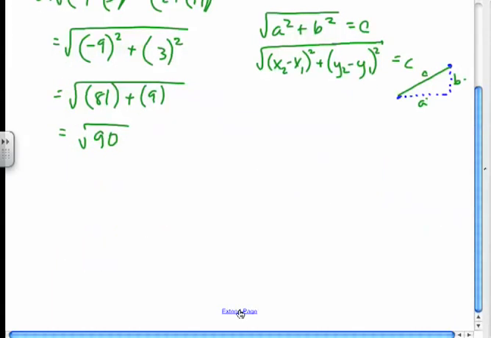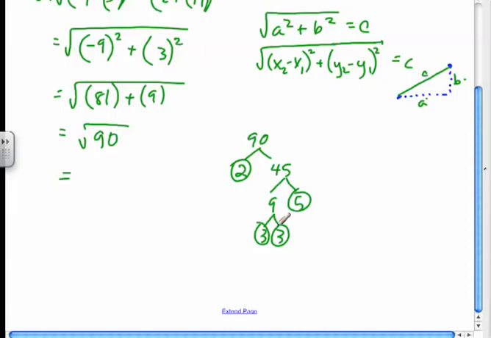Now guys, you remember I've got to simplify the square root of 90. So let's do that. Here's 90. Break it down: 2 and 45, and 9 and 5, and 3 and 3. You remember how we did this from the last section? So then I've got root 2 times root 3 times root 3 times root 5.